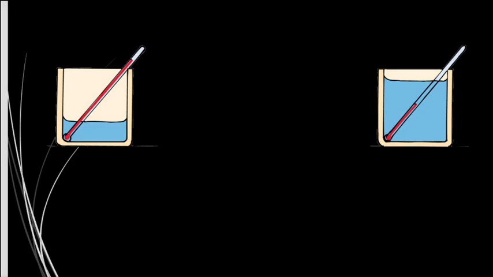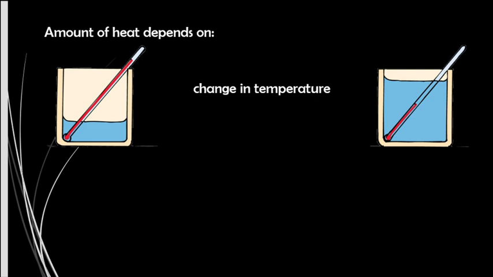So how can we determine the amount of energy that is transferred? Given the two illustrations here, one on the left side has a higher temperature and the other has a lower temperature. How can we determine the amount of heat that is added or removed from our system? The amount of heat depends on the change in temperature that happens in our system.